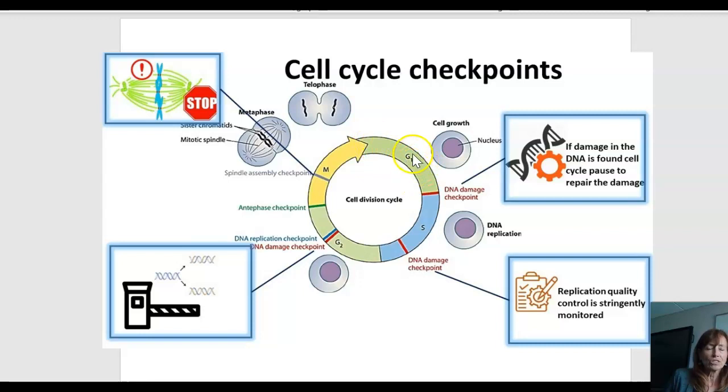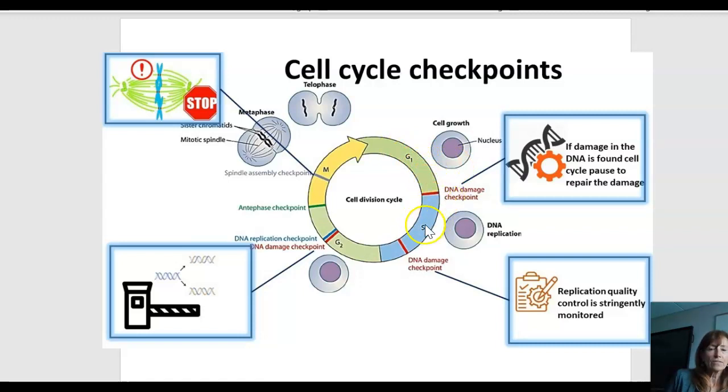I sometimes think of it as the growth phase. Right here at this red line is the checkpoint. One of the things it has to ensure before it moves on is that the cell doesn't move into S phase if there's already some DNA damage, unless that can get repaired. So that's a checkpoint right there.